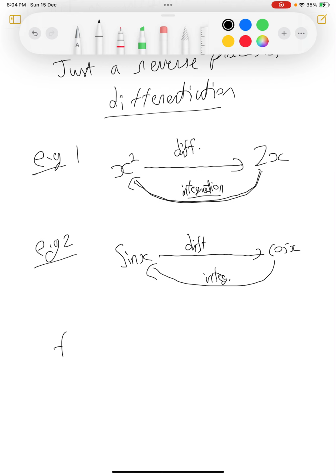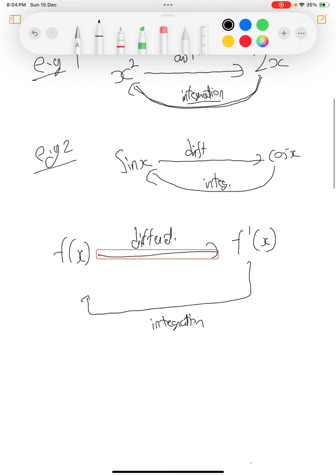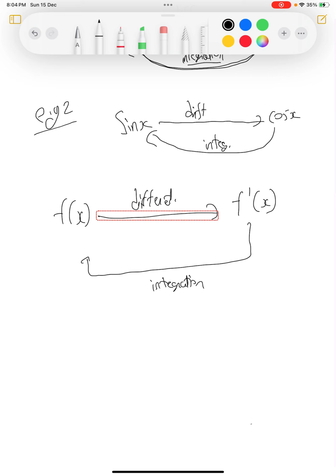If I have a function f of x, I will do differentiation and I will get f dash x. And then if I want to go back, I will do integration. So in general, let's talk about the general form.